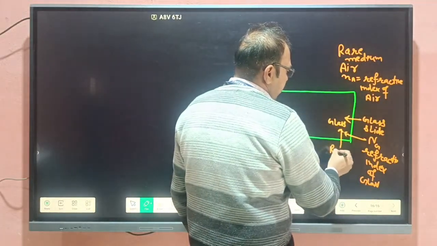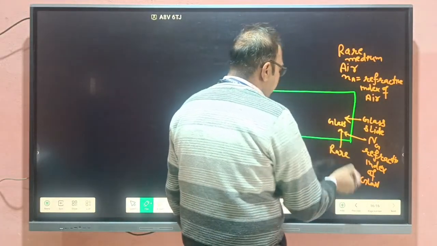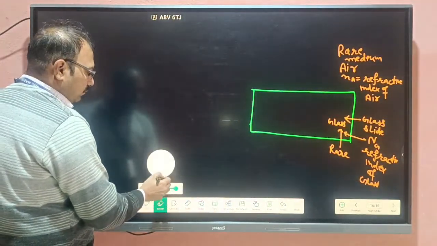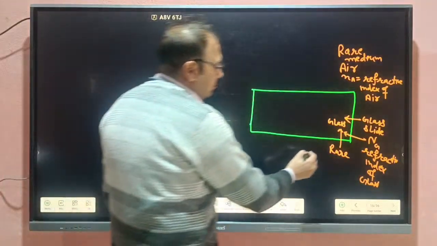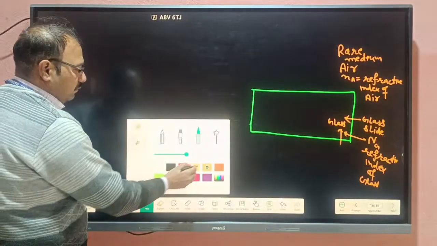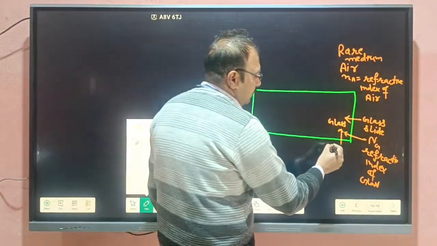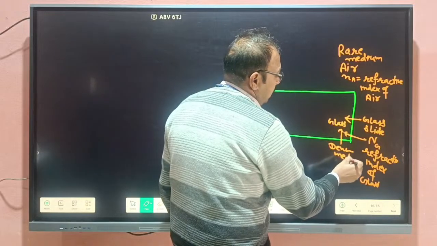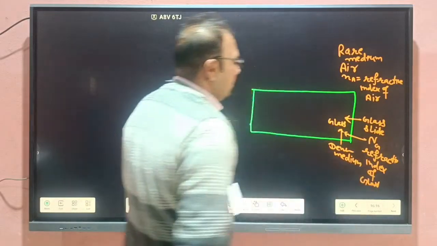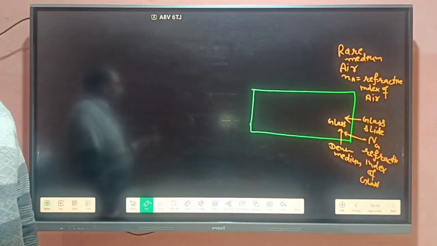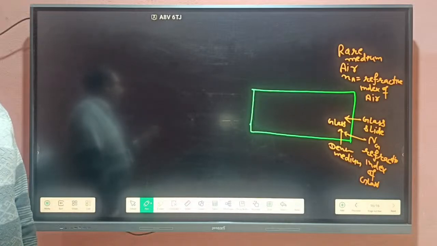A medium which is lighter in weight, or which has low optical density, is known as a rare medium.